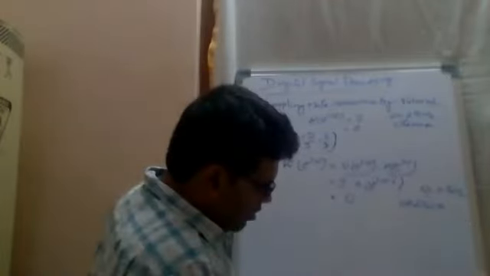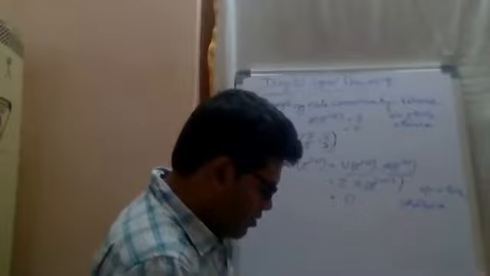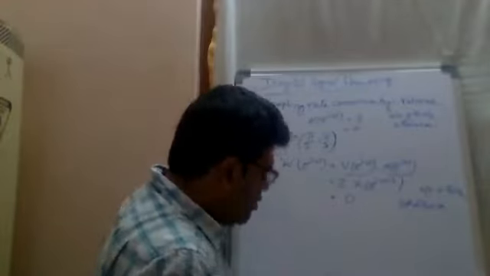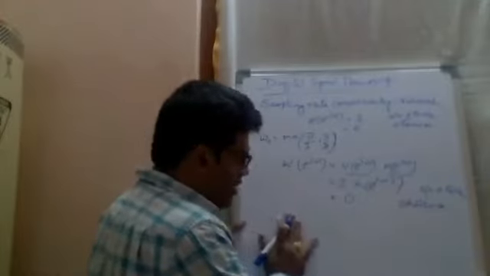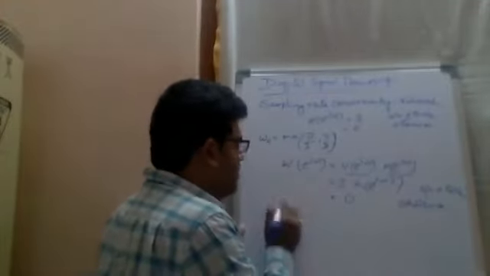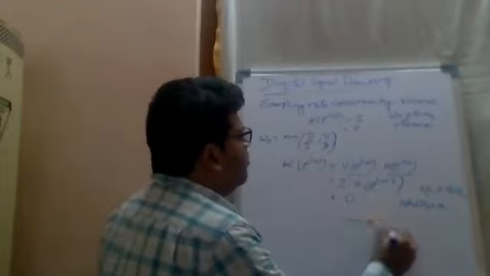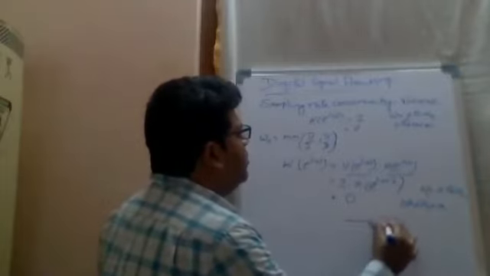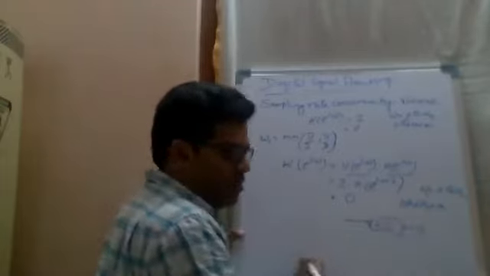Isn't it? Now this W of e power j omega is fed as input to the decimator. So from the output of the filter, you are giving it to the decimator.